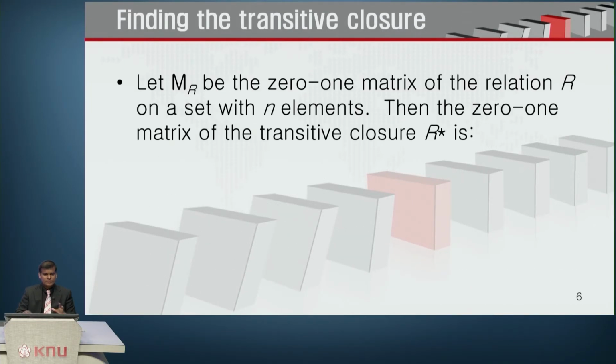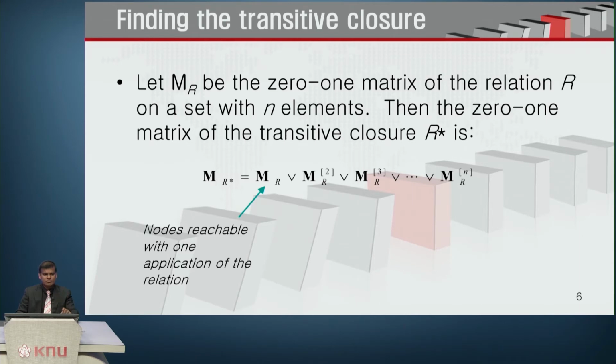Let's see this part here. Let M_R be the 0-1 matrix of relation R on a set with n elements. Then the 0-1 matrix of the transitive closure, you can see here, M_R* equals M_R or M_R^2 or M_R^3 or so on, till M_R^n.